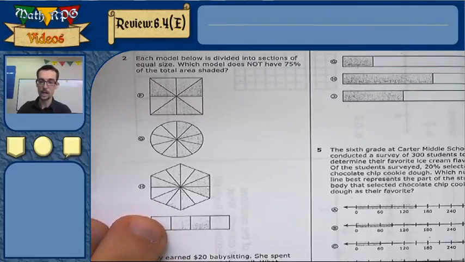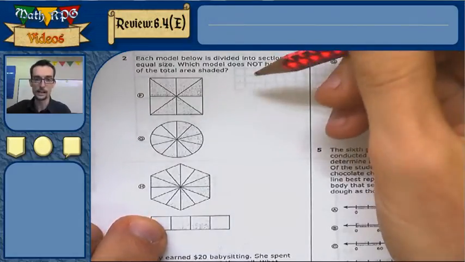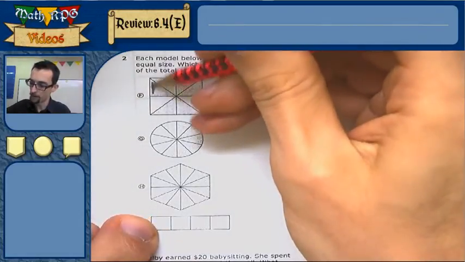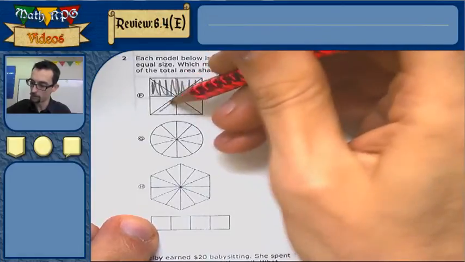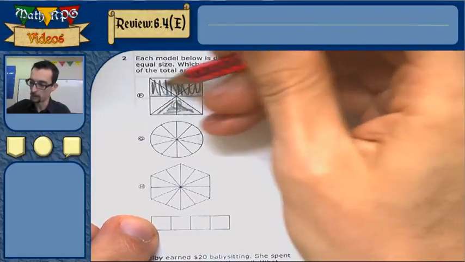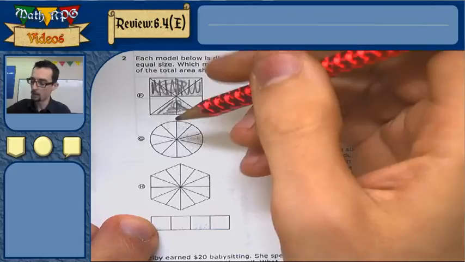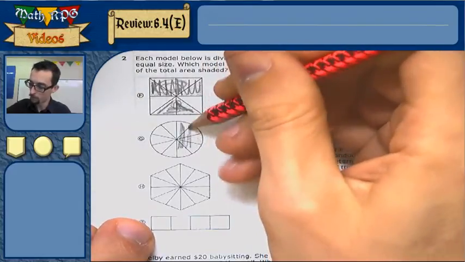Each model below is divided into sections of equal size. Which model does not have 75% of the total shaded? So I'm going to write these as a fraction. Remember, a fraction is the numerator, which represents the number of things you're interested in, in this case the number of shapes that are shaded, over the denominator, which represents the total number of shapes.